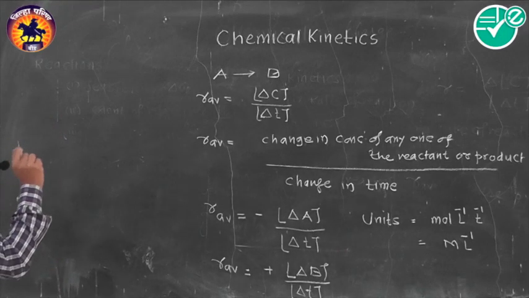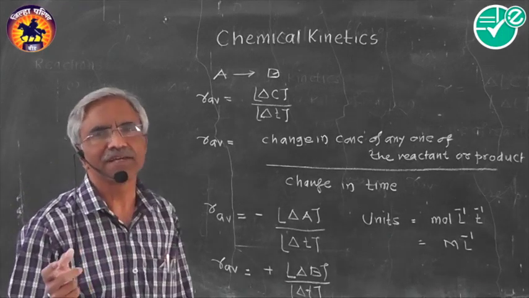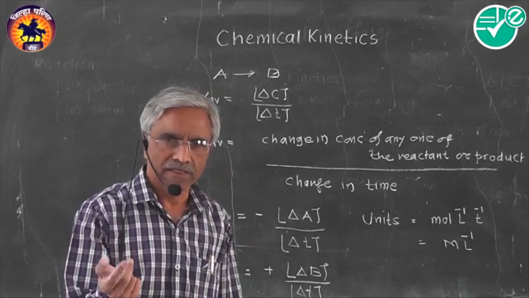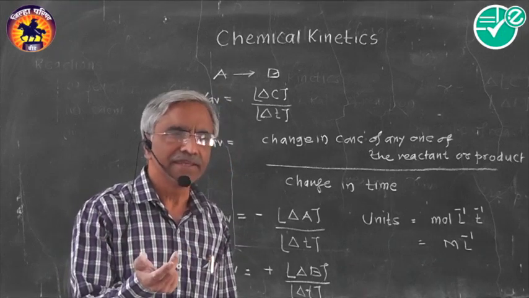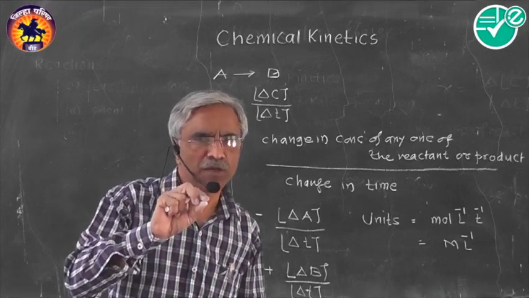Now here I have taken a very simple reaction, but we know that the chemical reaction can have 2 reactants, more reactants, more products, and the stoichiometry may indicate more number of the reactants or the products.